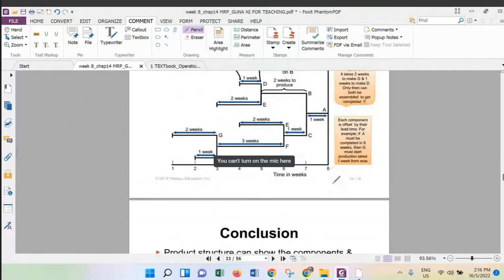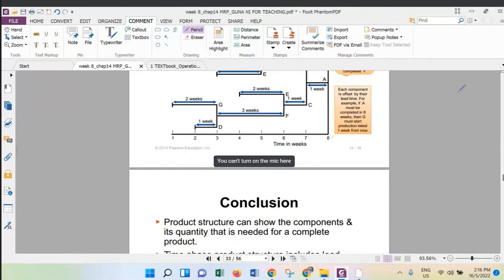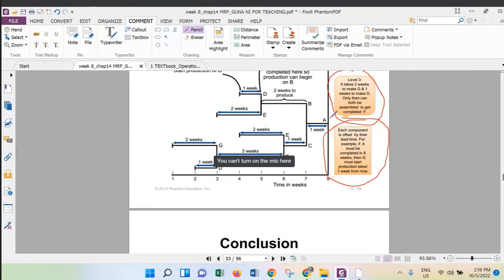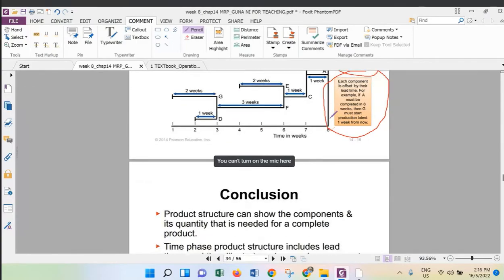Ini kamu boleh baca dalam nota kamu, dia ada self-explanatory. Yang ini merupakan nota tambahan untuk PPT notes kamu. Provided by, prepared by Dr. Masini kalau tak silap saya.